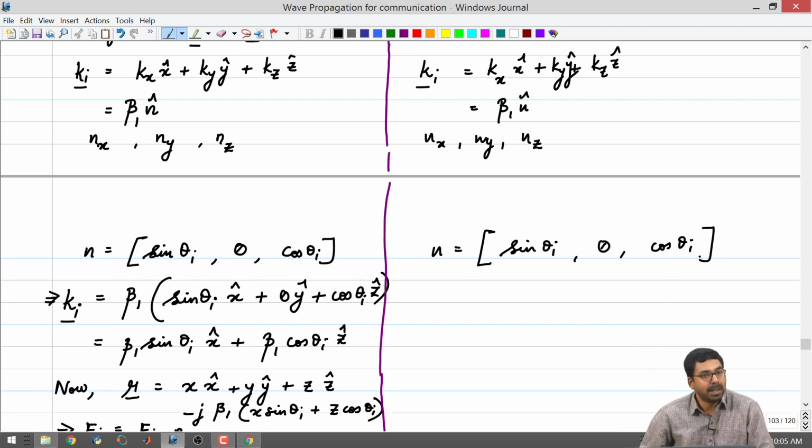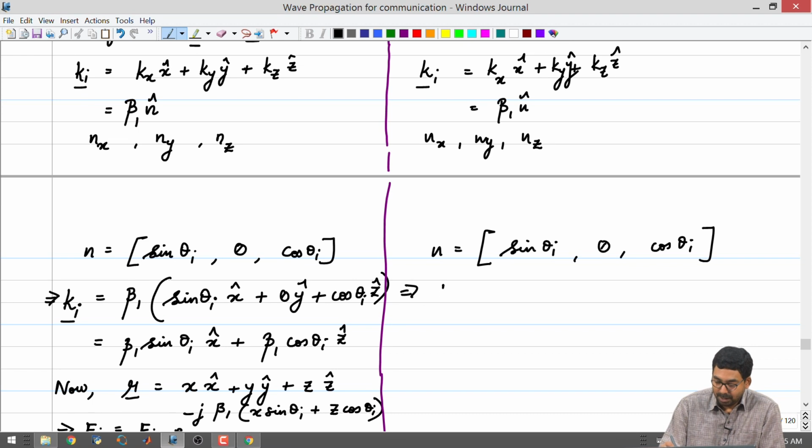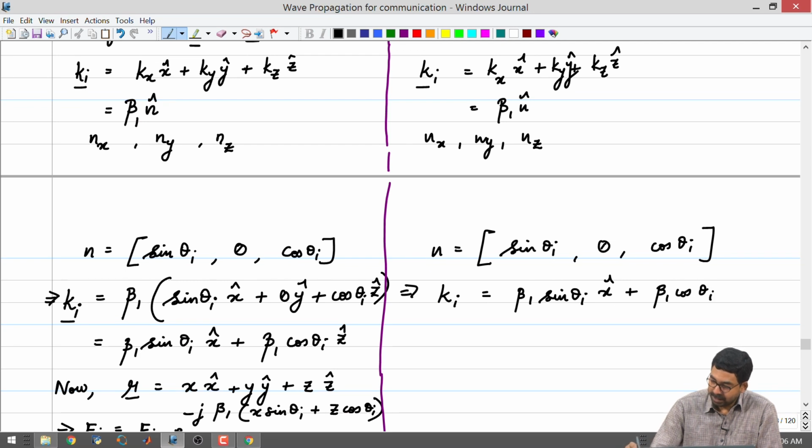So, practically there is no difference in the expression for the K. Here you can write that your Ki is beta 1 sin theta I x hat plus beta 1 cos theta I z hat.